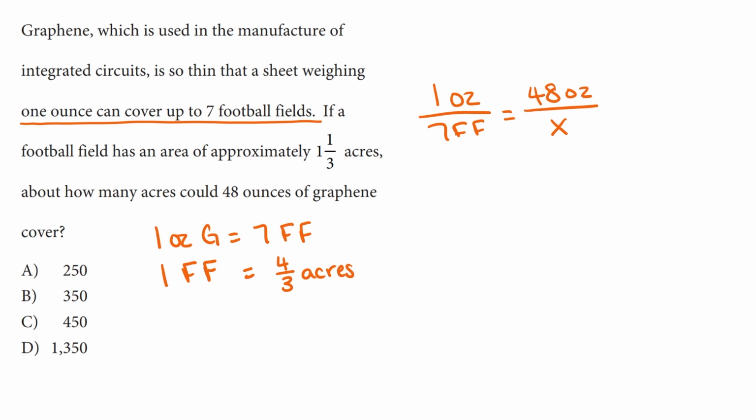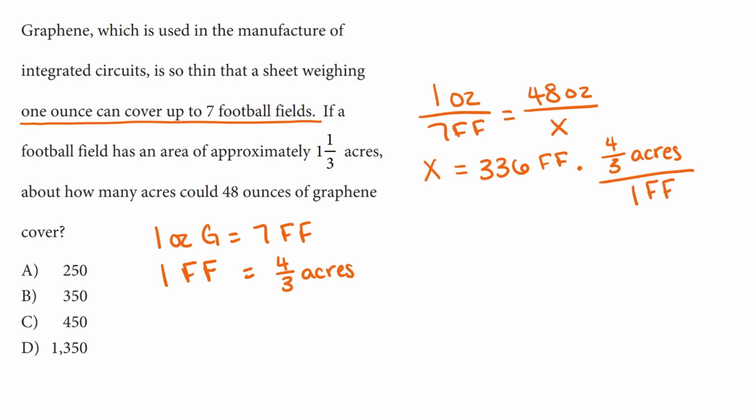So we can do this by cross multiplying. So x is going to be equal to 336 football fields. Now we need to convert that into acres because we know that each football field is approximately 1 1/3 acres. So the way that we'll do that is we'll multiply this by 4/3 acres over 1 football field, right?